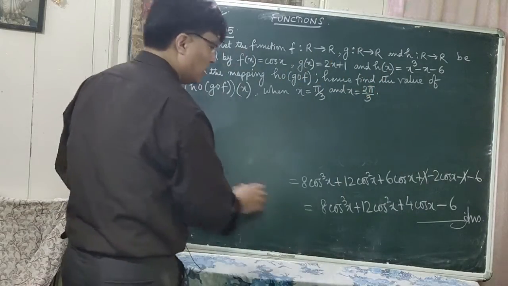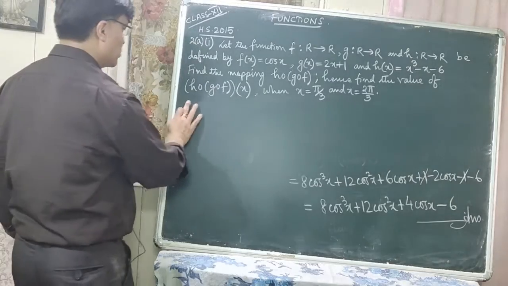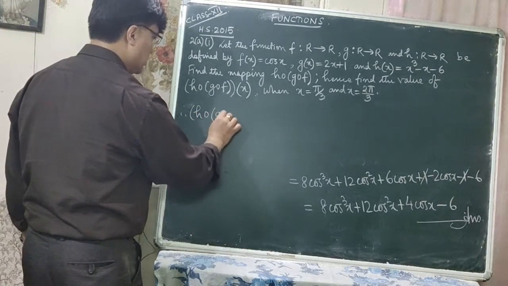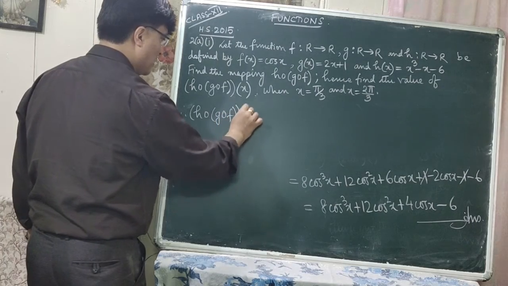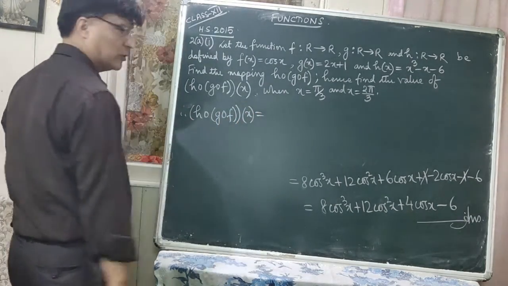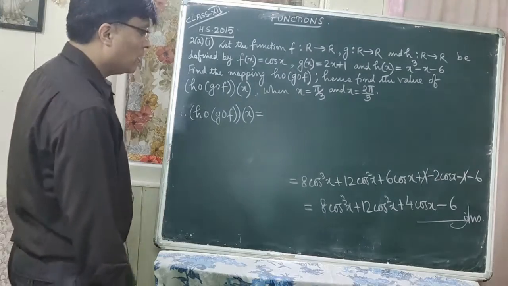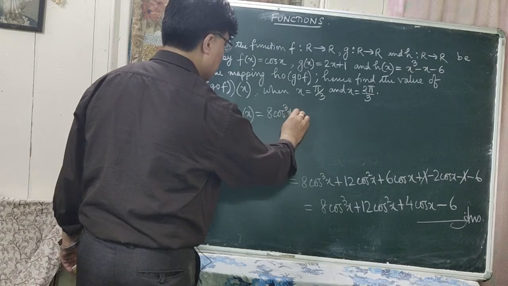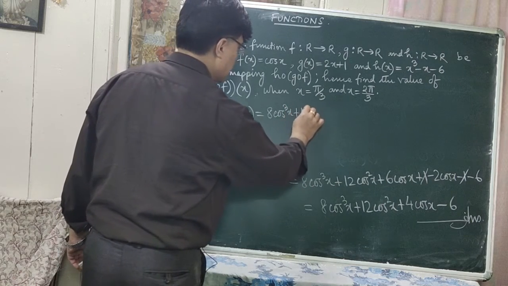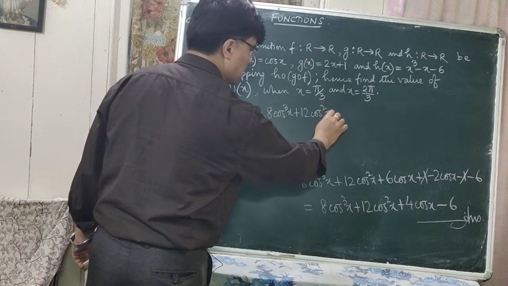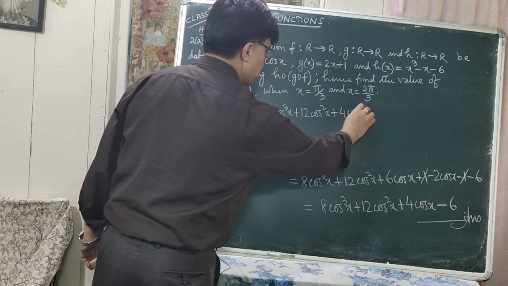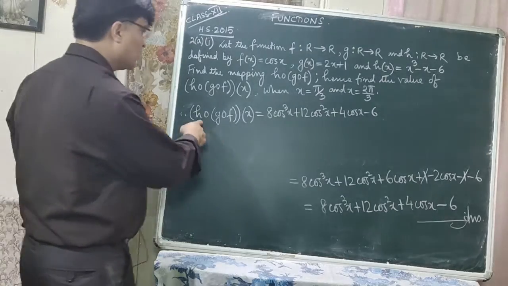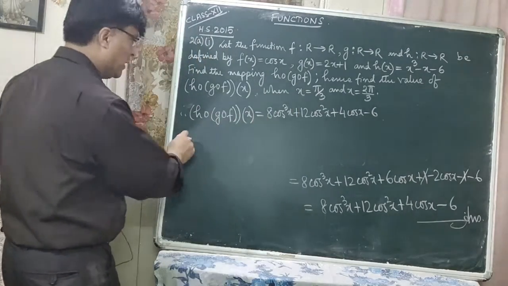So here, this expression is the value of the function h of g of x, which is equal to 8 cos cube x plus 12 cos square x plus 4 cos x minus 6. Okay, so now you have to get its value when x is equal to pi by 3.